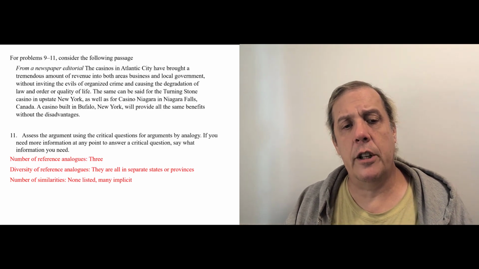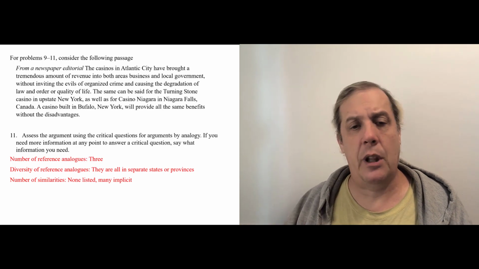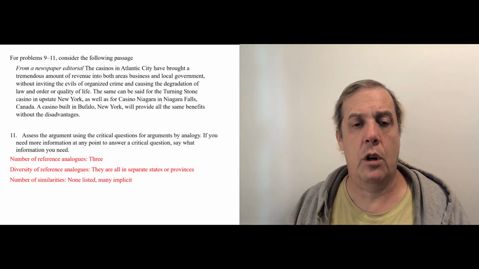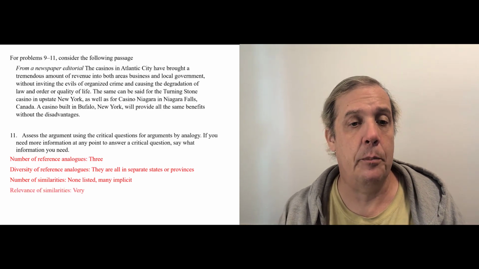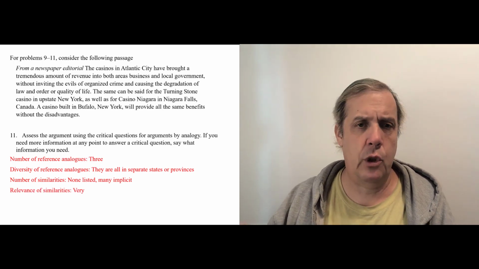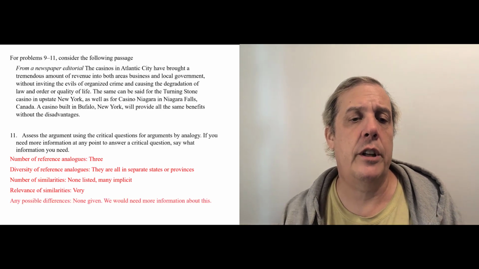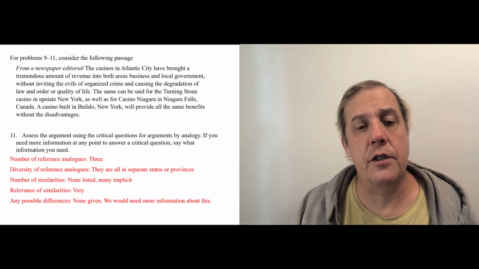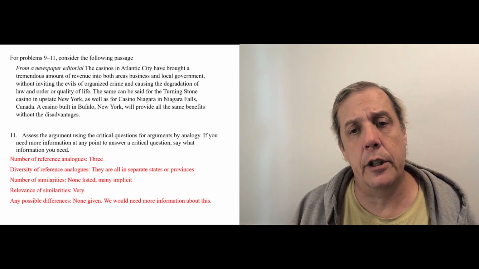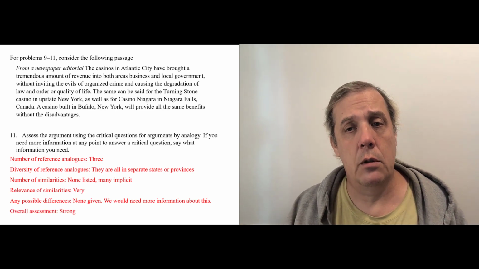For the number of similarities, there were no listed similarities, but it was easy to come up with implicit ones that were relevant, right? And looked good. The only information we don't have is whether there are any possible differences, and so this is something we would need to fill in. But overall, I would say that this argument is quite strong.